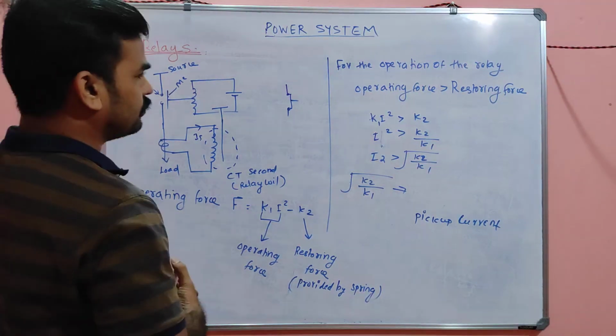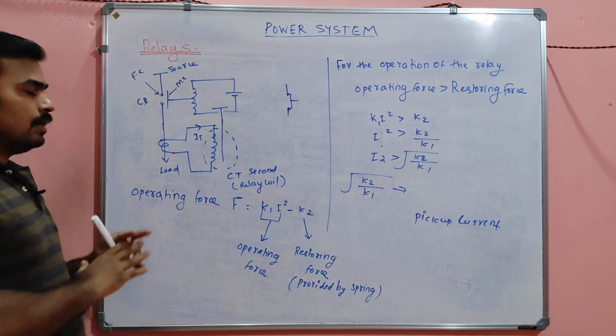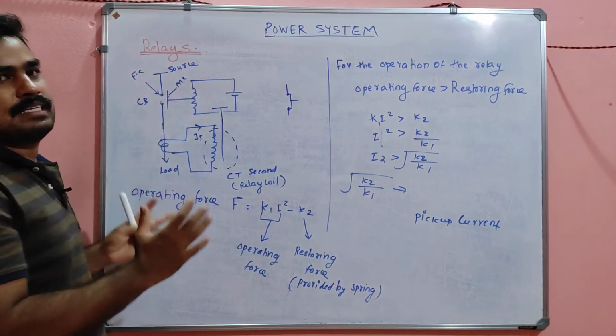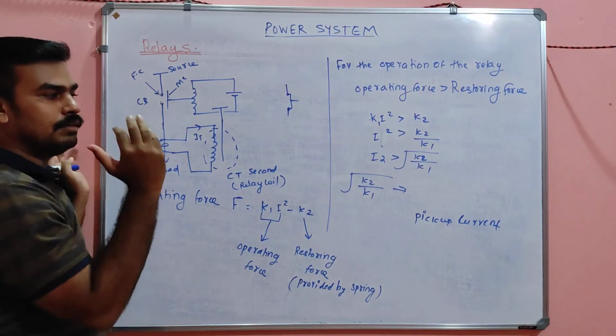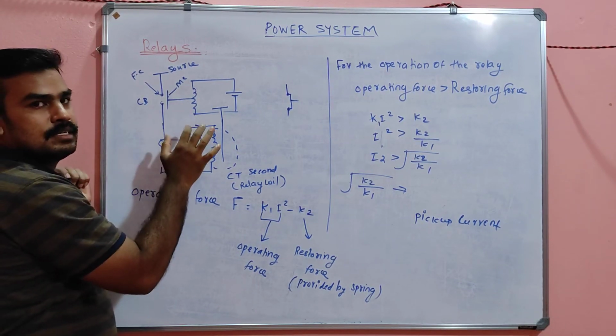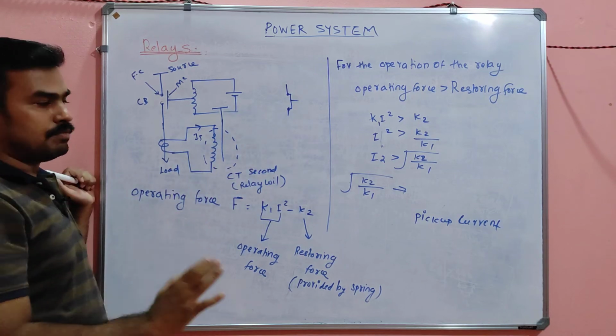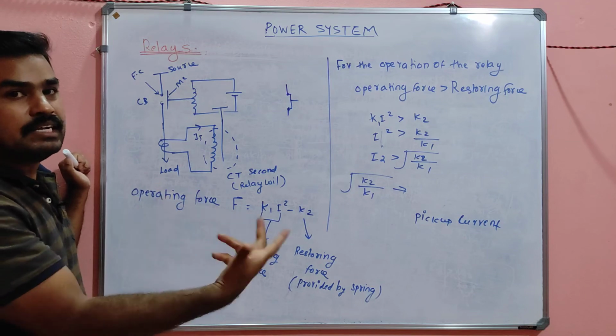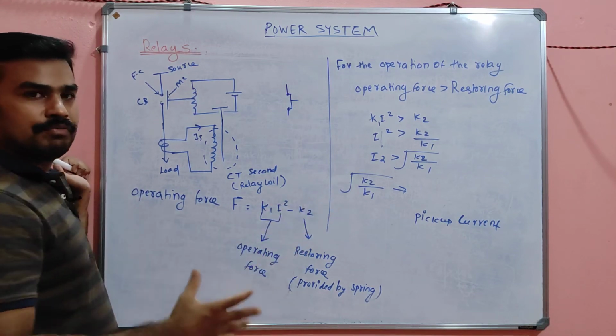Is it clear? So, different types of relays are there. This is just a simple example so that we can give only two forces and we can derive some relation, and what is the meaning of pickup current?